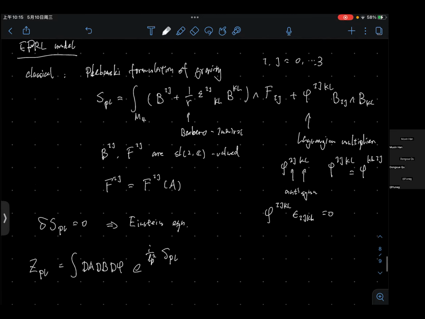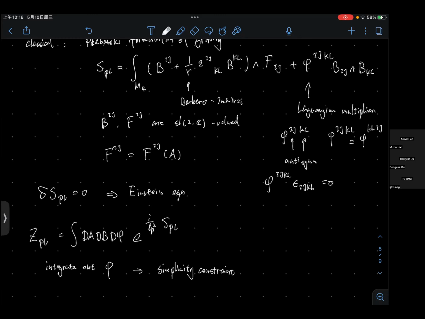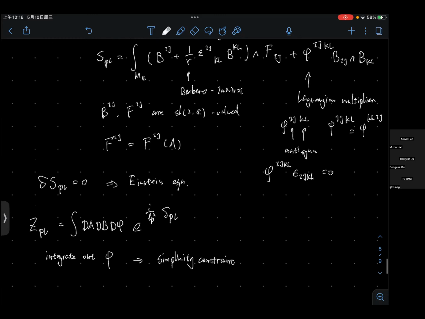Now you see this Plebanski action is linear in phi, because phi is just a Lagrange multiplier, so you can easily integrate out phi. What you get is a delta function in the path integral which imposes a certain constraint, what we call the simplicity constraint. This is a key ingredient in the spinfoam construction.